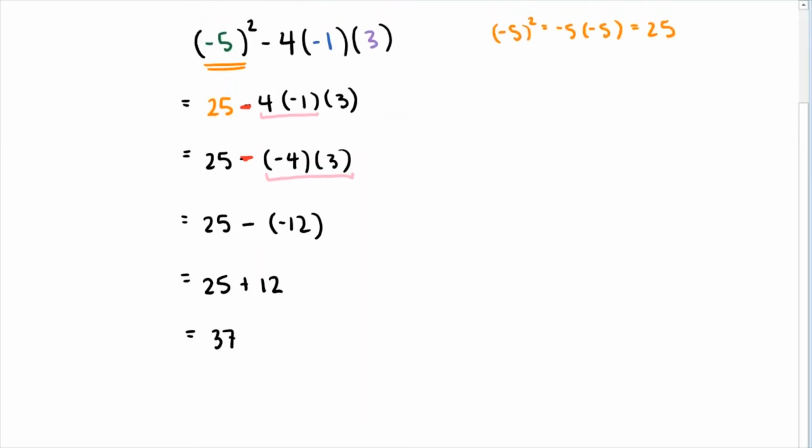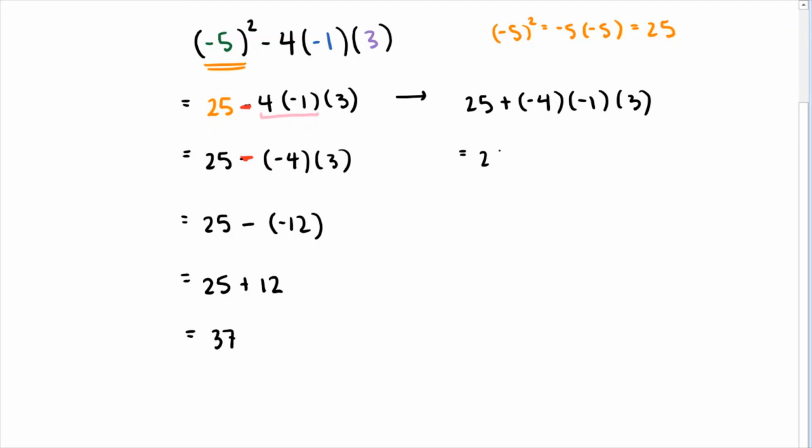Okay, so let me go over one last way of evaluating this expression, maybe from this step here. As we saw earlier, we can translate the subtraction here to rewrite this as 25 plus -4 times -1 times 3.